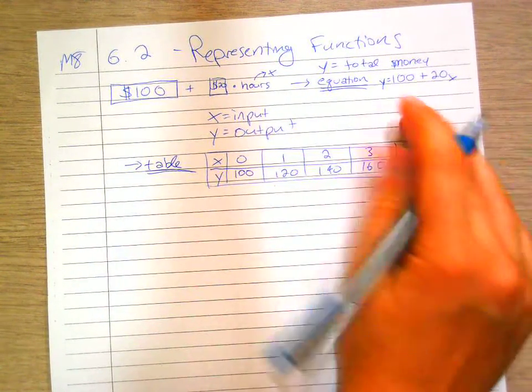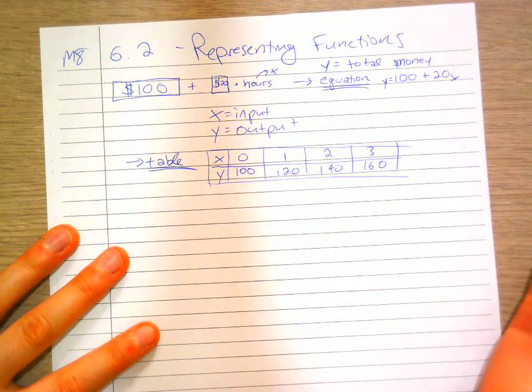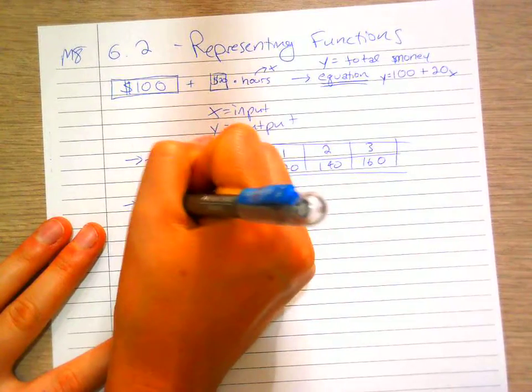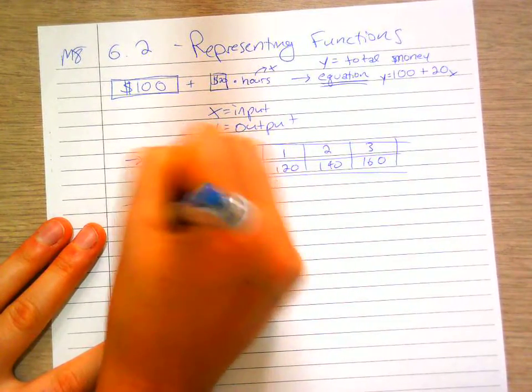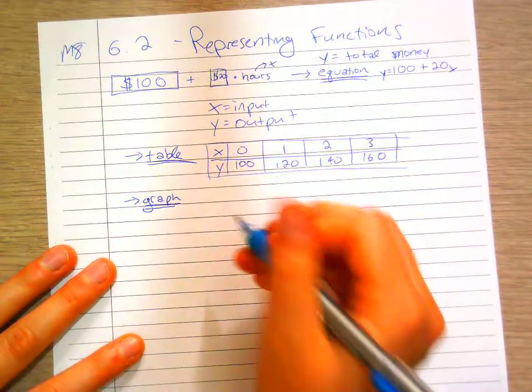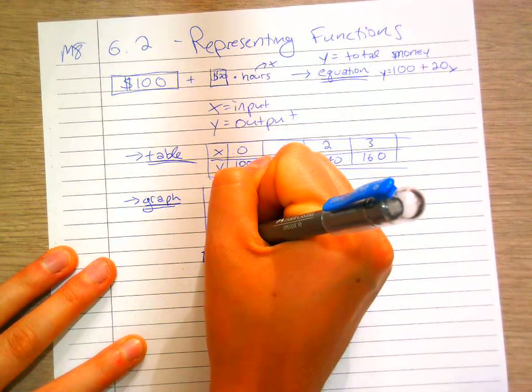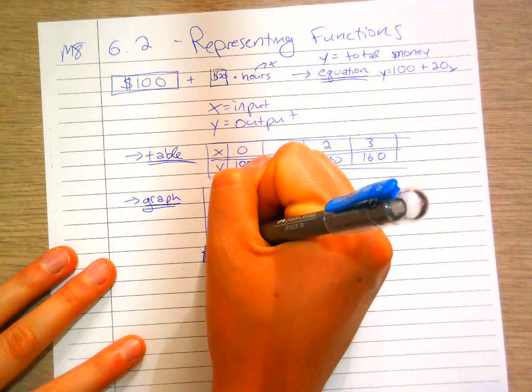Now to put it in a graph, it's easy because we already know the inputs and the outputs. We could simply write it on the graph this way. We have a little zigzag here because our first value is 100.